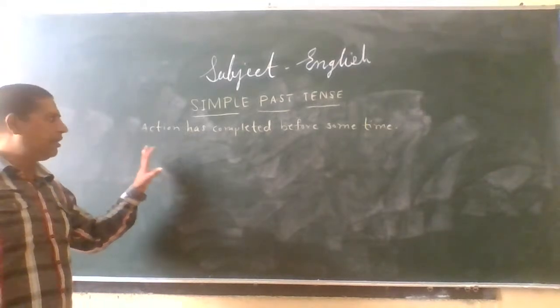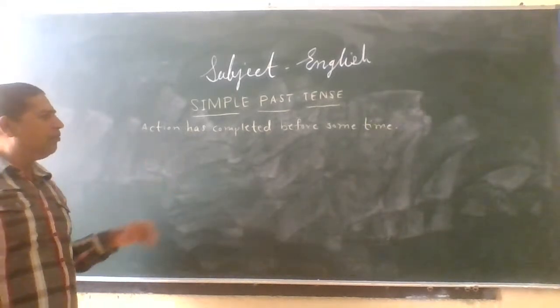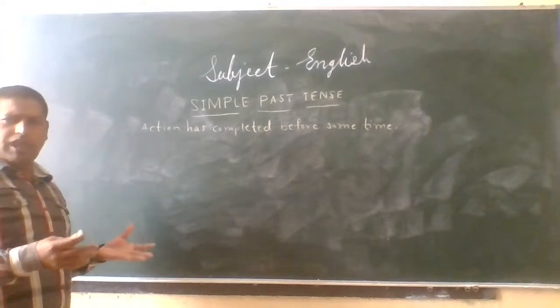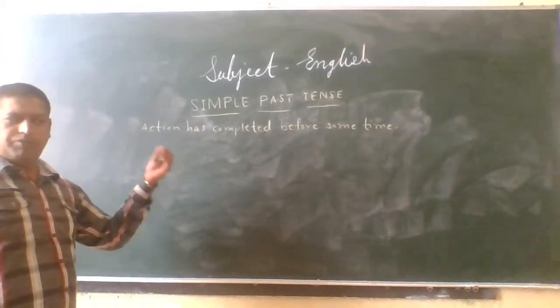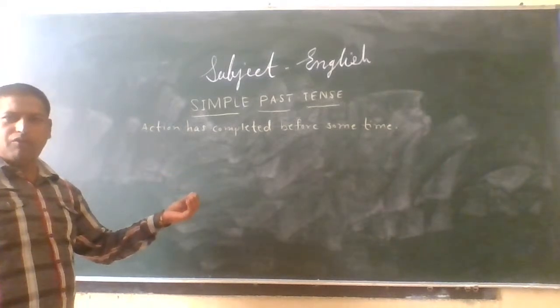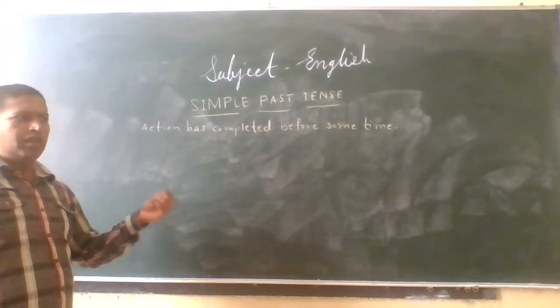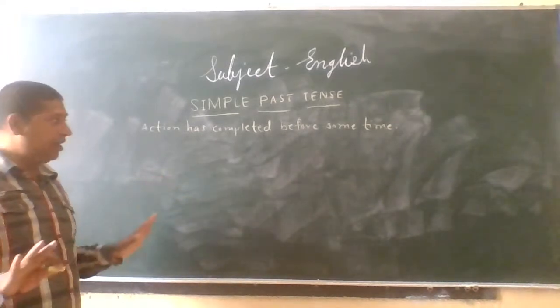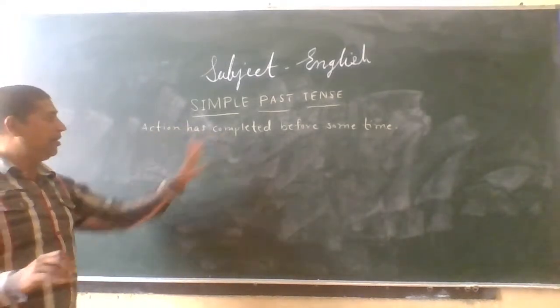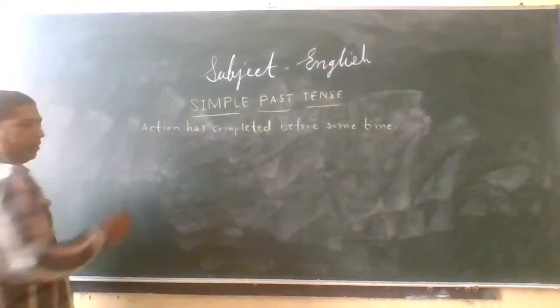If the action has completed before some previous time, ten minutes before, one hour before, you can see that the action has completed. Action has completed: this word is very important.